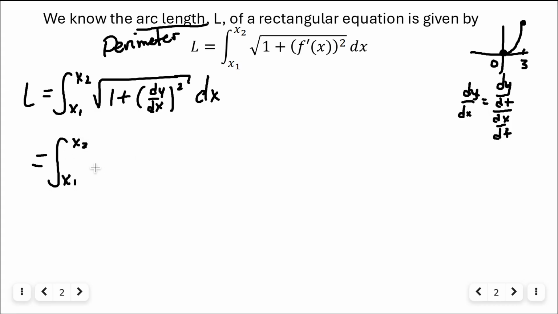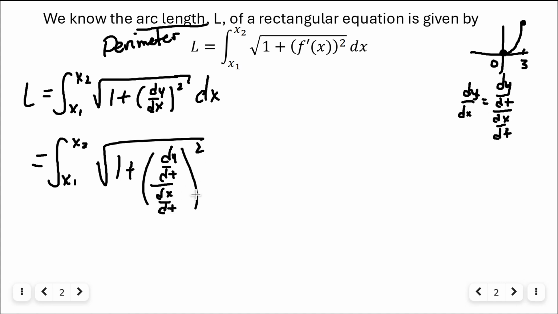So in place of dy dx, I should put dy dt divided by dx dt, because I want to do this in a parametric equation. So we have the integral from x1 to x2, the square root of 1 plus dy dt divided by dx dt, squared, dx. Now I have a few issues to resolve. The first issue is I've got to clean this up a little bit.